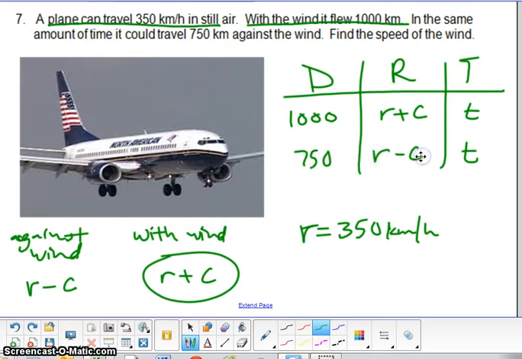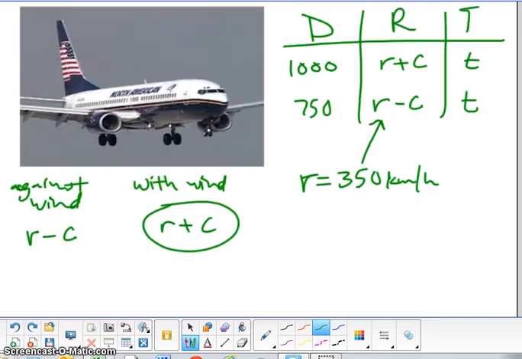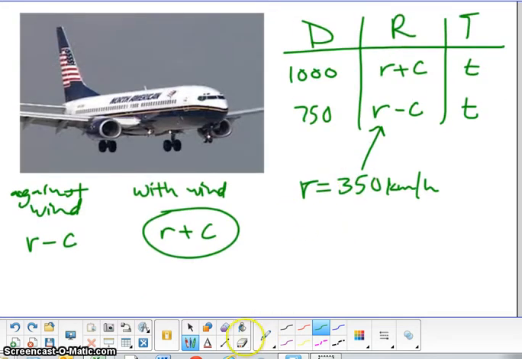against the wind. Okay, now the rate is the speed of the plane, and we are just going to plug those in where you see the R. So 350 is going to go here and here.